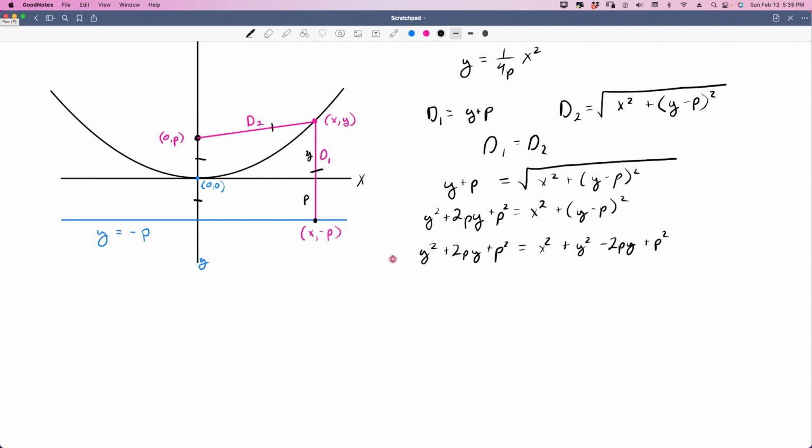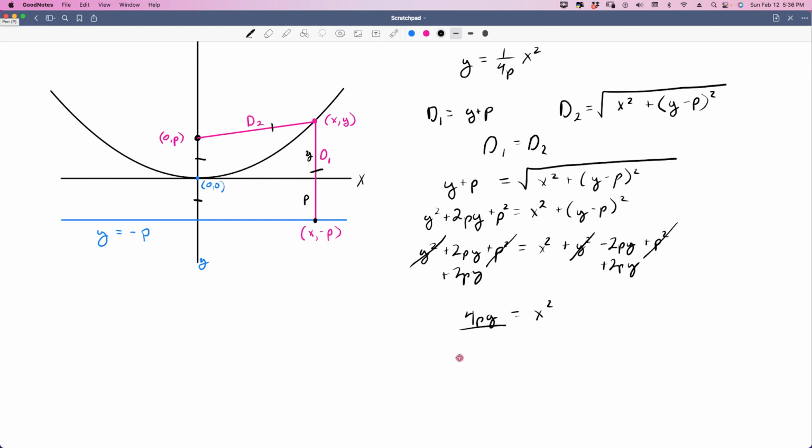All right, so now that we've got all our distribution, we can combine like terms by moving things from one side to the other, by swimming our little fish, right? So if I subtract y squared from both sides, that cancels the y squared. If I subtract p squared from both sides, that cancels the p squared. So now I'm left with 2py is equal to x squared minus 2py. So I'm going to add 2py to both sides. Now what I end up with is 4py is equal to x squared.